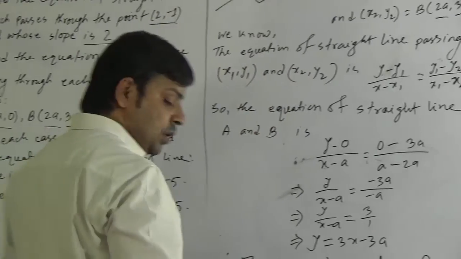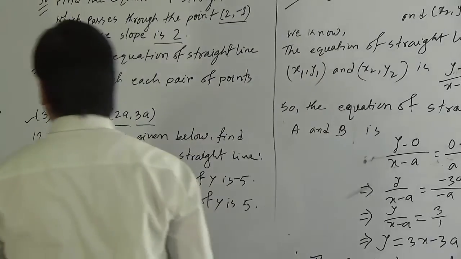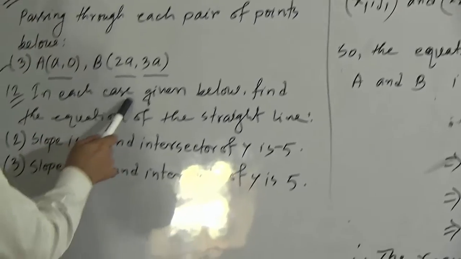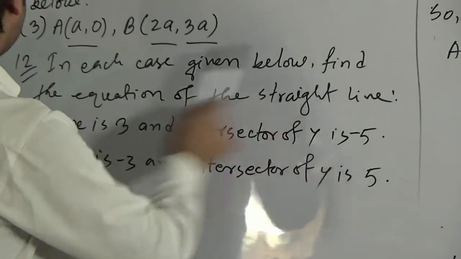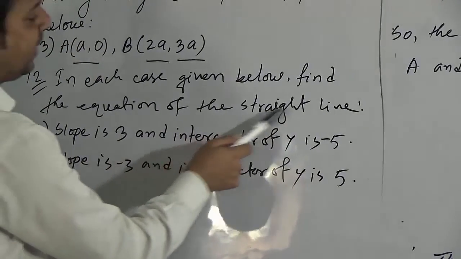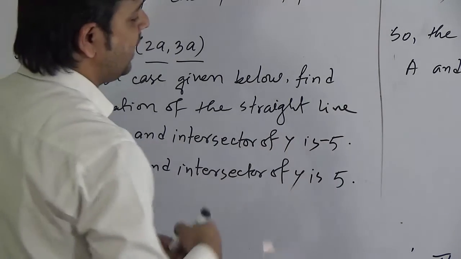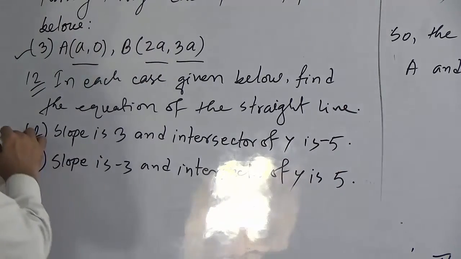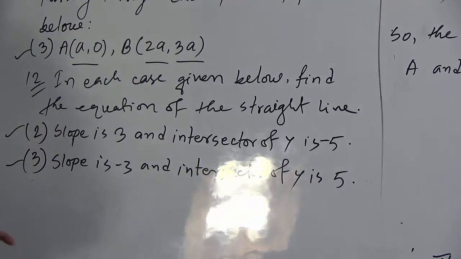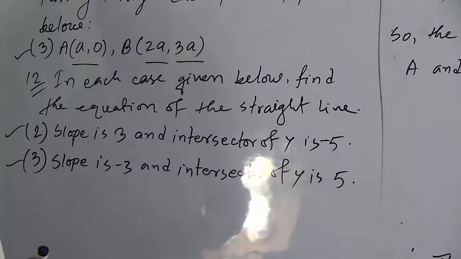Now I will solve 2 questions from 12. In each case given below, find the equation of the straight line. We need to determine the equation of straight line in each case. It means 2 questions given here. In every case we have to determine the straight line.